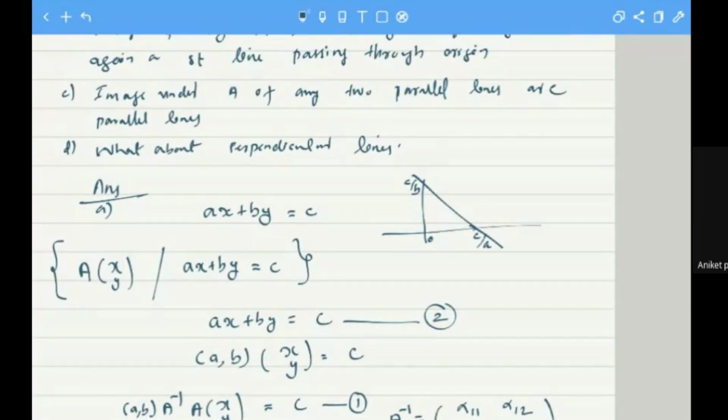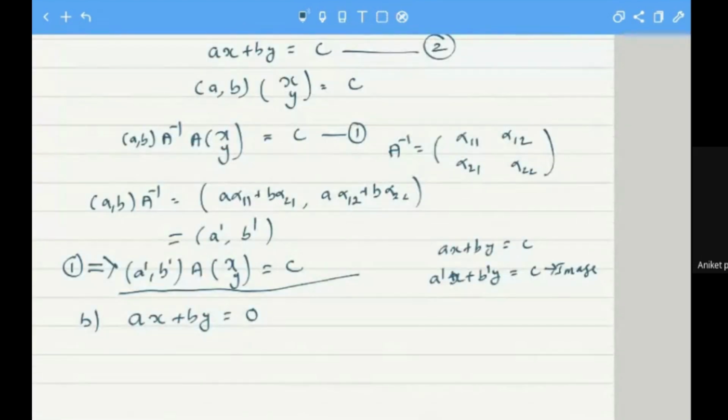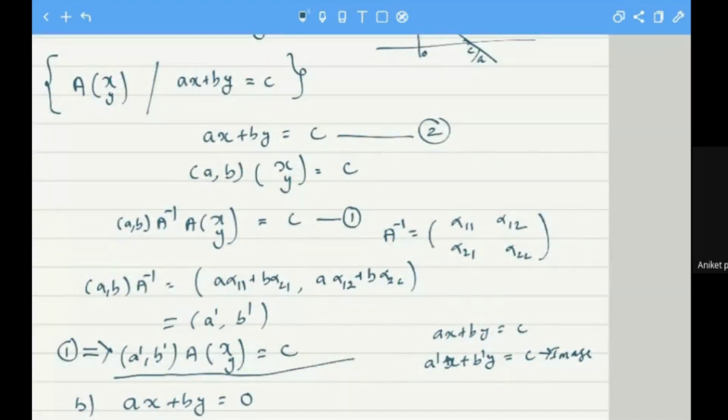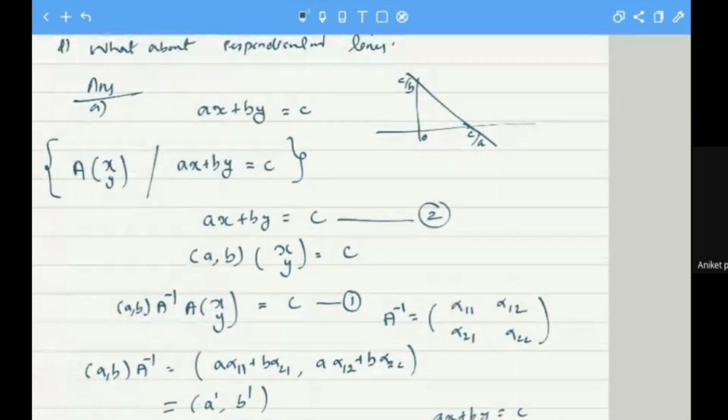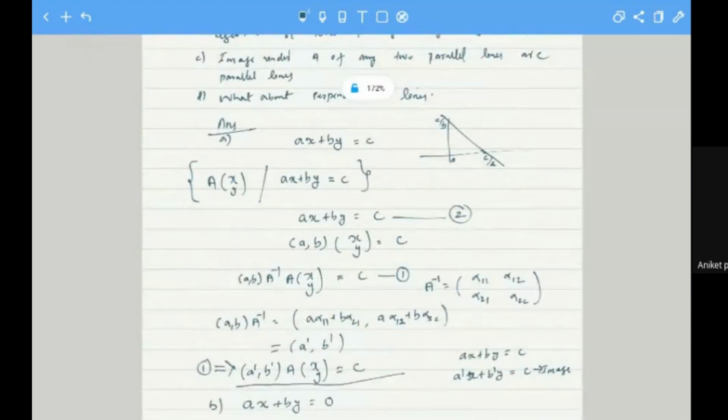Now look at whether the image under A of any two parallel lines are again parallel lines or not. How to answer that? Okay, I'm erasing this portion.